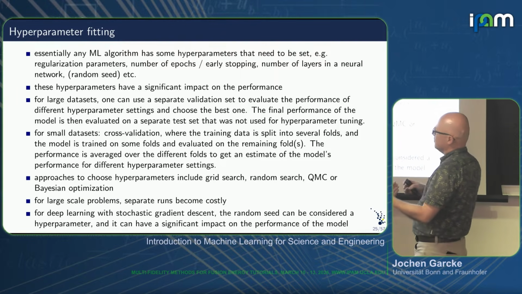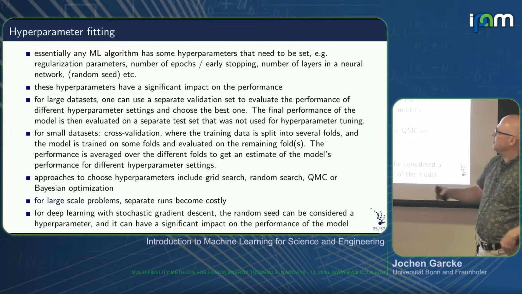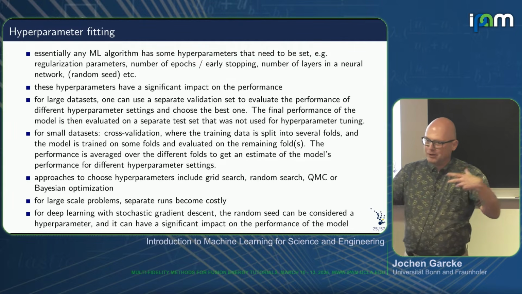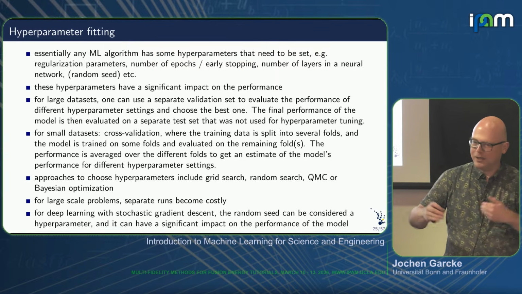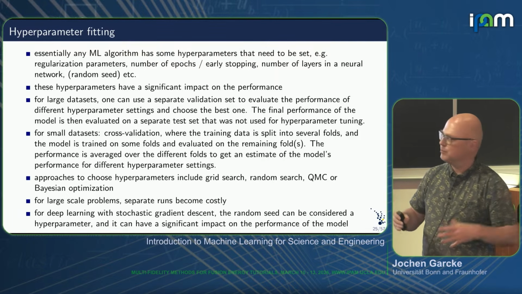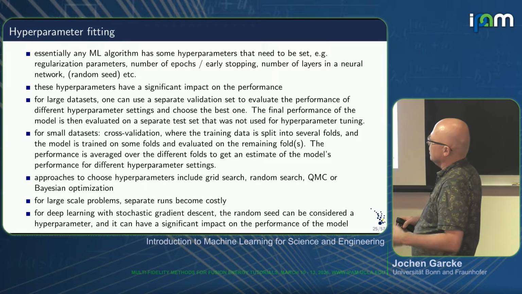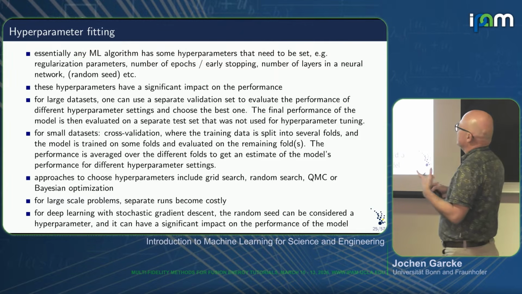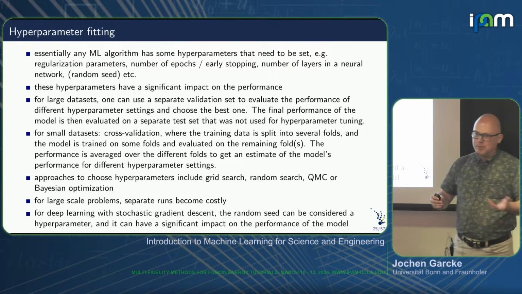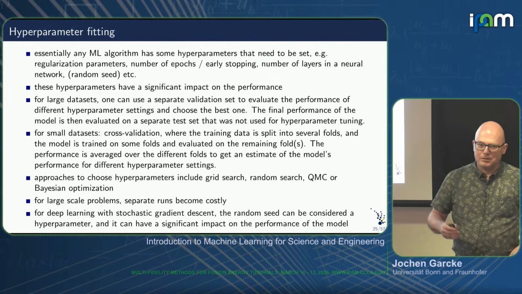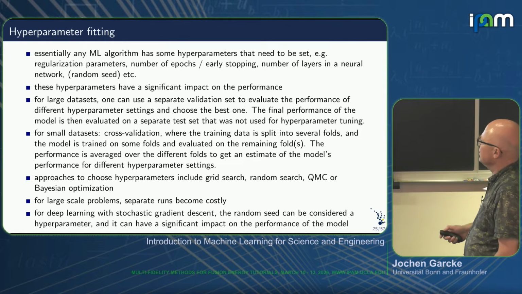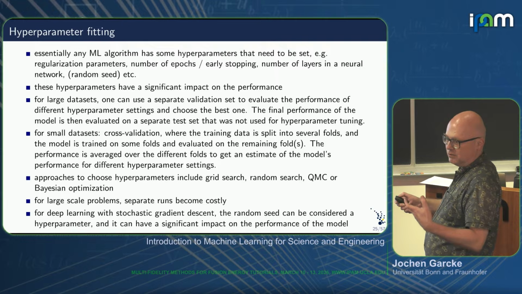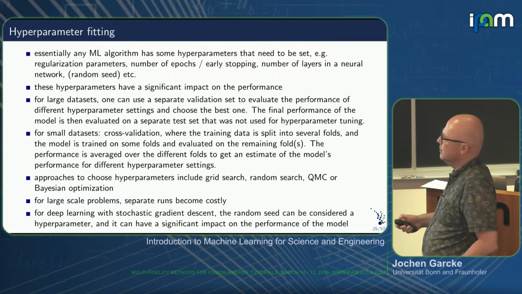In deep learning, you have the number of optimization steps, so-called epochs, or you maybe stop early. Model design is also hyperparameters: how to build the model, how many layers I'm using, how large should the layers be. In kernel-based approaches, the kernel to use. Essentially, the random seed in stochastic gradient is a hyperparameter. So this is all something you need to worry about. And they have a significant impact on the performance. So these you really need to work on to get this right.